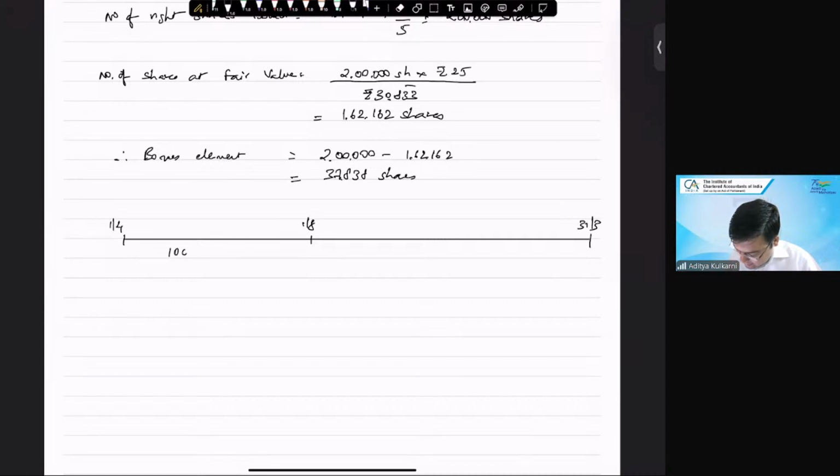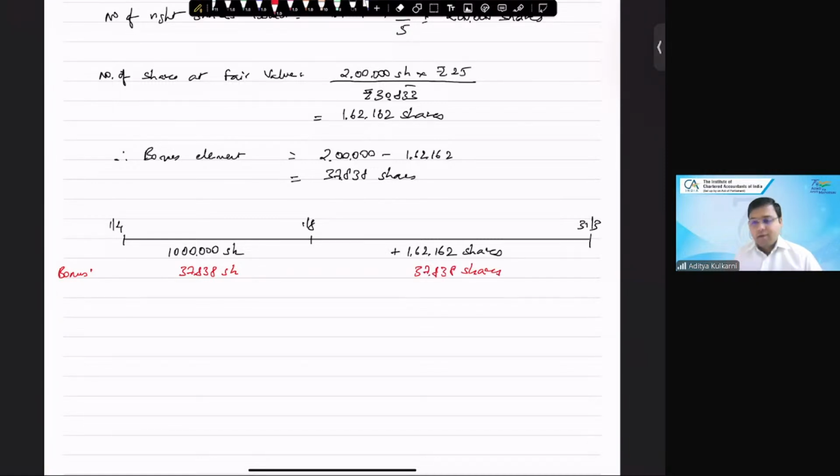I had here 10 lakh shares for these many months. And here I am adding 1,62,162 shares at fair value. Do you agree? Yes, sir. And additionally, I have a bonus component, 37,838 shares. Do you agree?